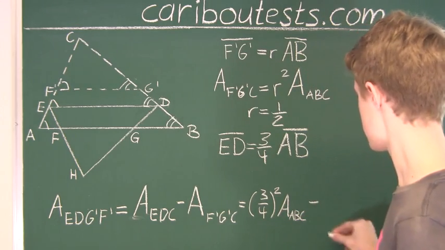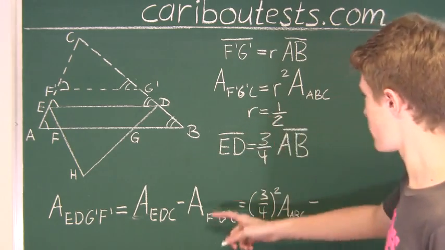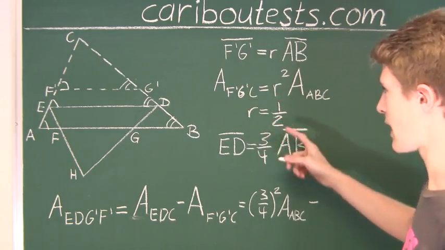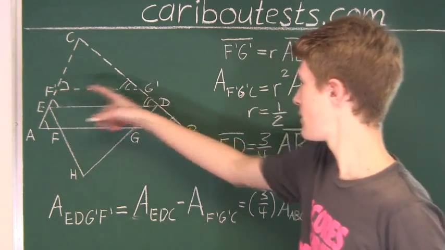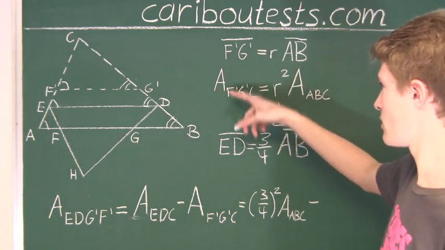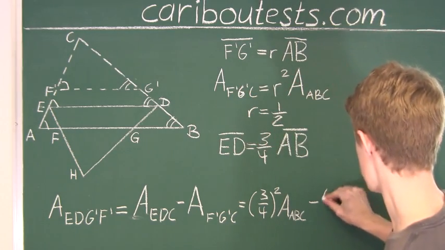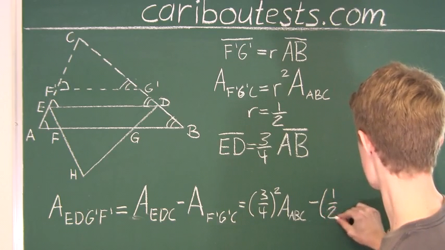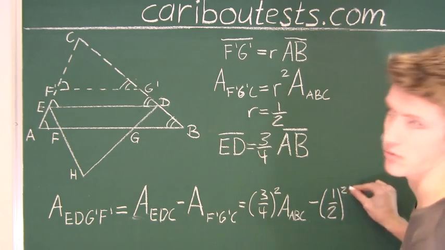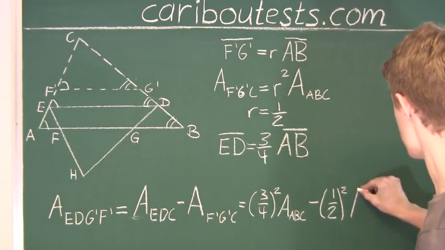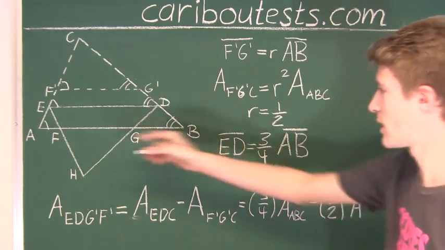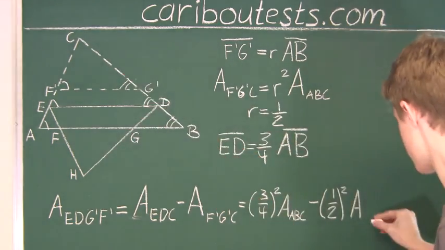And that is minus the half, because that's what we had for F prime G prime, the area F prime G prime C. So that is 1/2, in brackets squared because we want the area, and then that is of the area of the large triangle ABC.